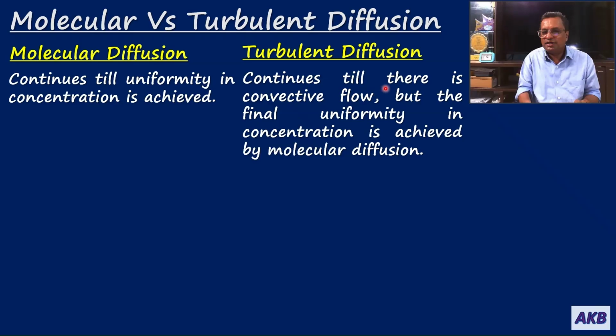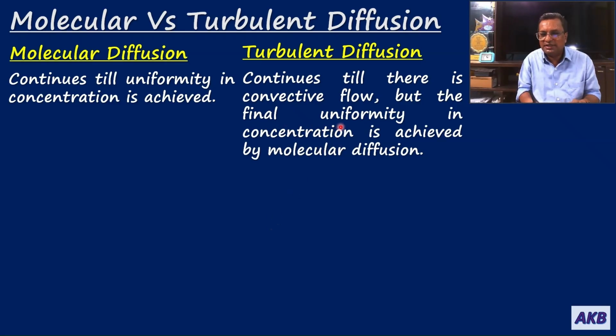Turbulent diffusion continues till there is convective flow, but the final uniformity in concentration is achieved by molecular diffusion.